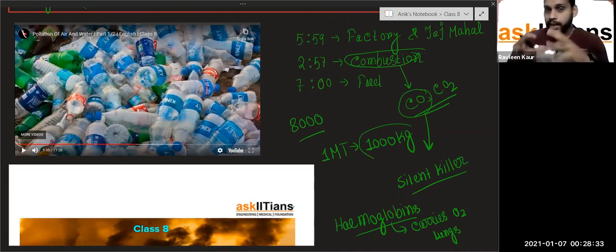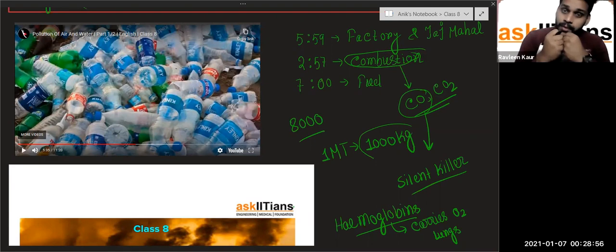Now think about it. When carbon monoxide is there in the air, what would happen? This carbon monoxide would get attached to the hemoglobin instead of oxygen. Carbon monoxide has 1,000 times greater binding power than oxygen with the iron of hemoglobin.